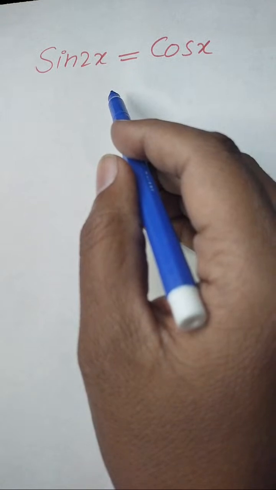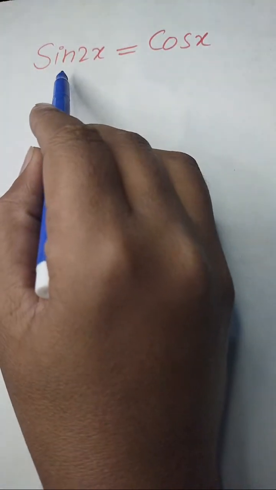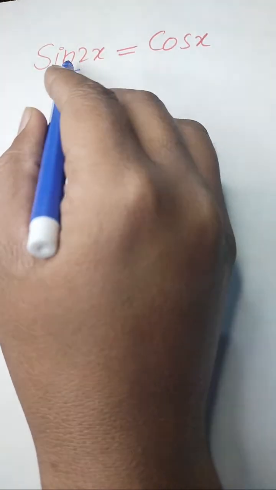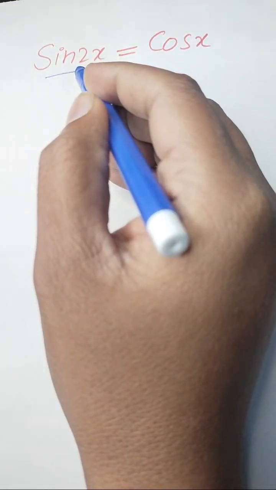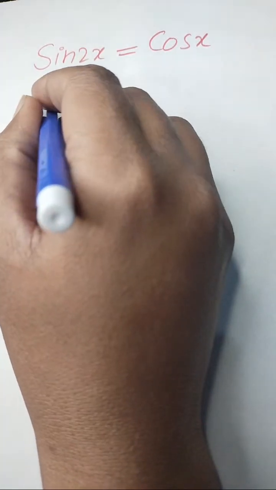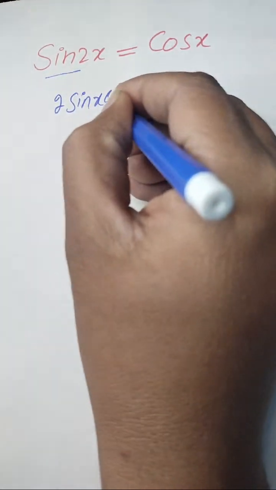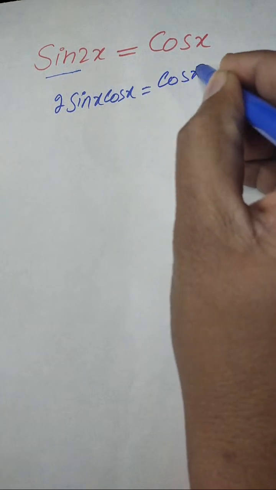x. So the very first step we are going to do is apply this trigonometric formula, the double angle identity, which gives 2 sin x cos x is equal to cos x.